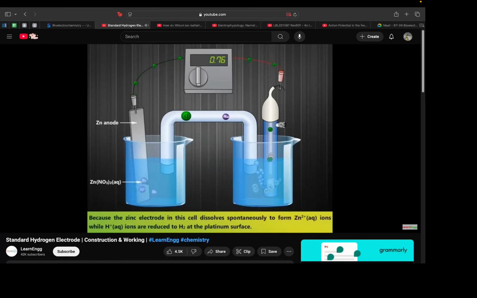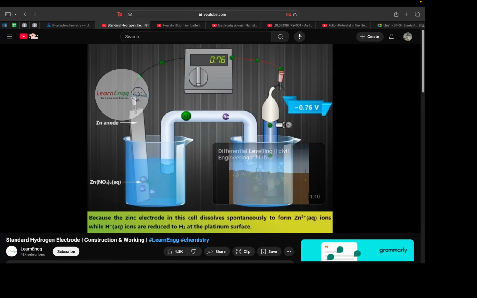Because the zinc electrode in this cell dissolves spontaneously to form Zn2+ aqueous ions, while H+ aqueous ions are reduced to H2 at the platinum surface. The standard electrode potential of the Zn2+/Zn couple is minus 0.76 volt.